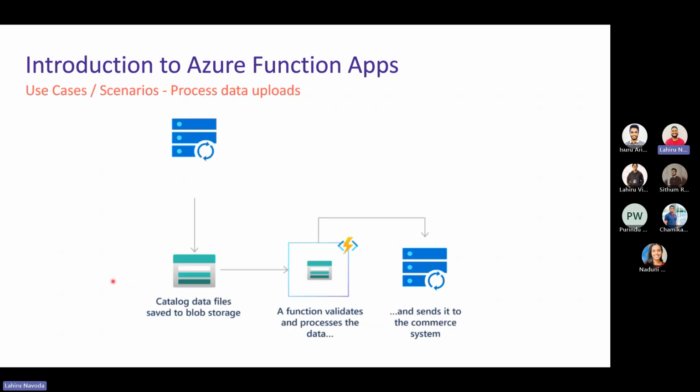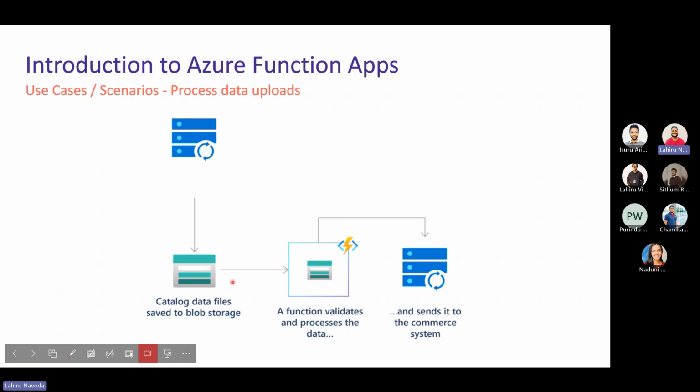And then I have added a couple of use cases, scenarios where you can use Azure Function Apps to achieve your end goals. The first use case would be processing data uploads. You can see in this diagram, we use this function to process the data uploads through blob storage.